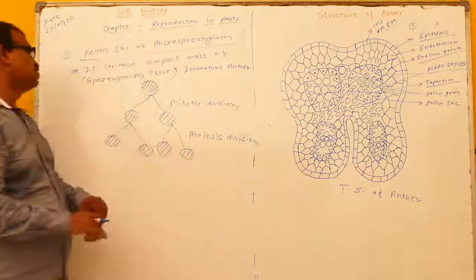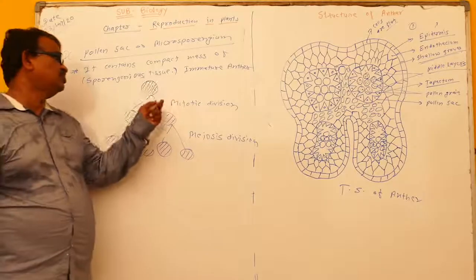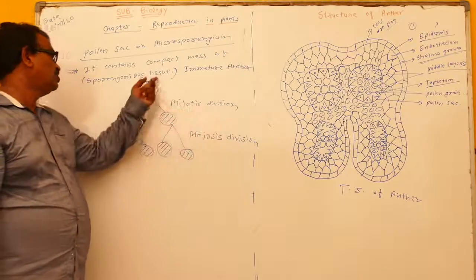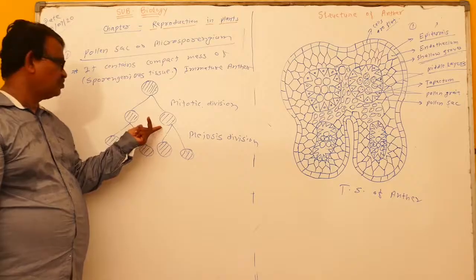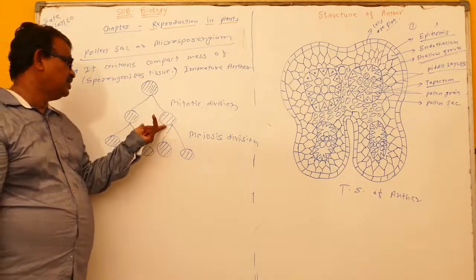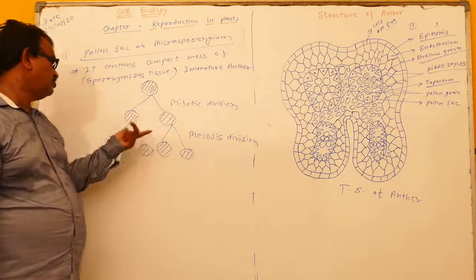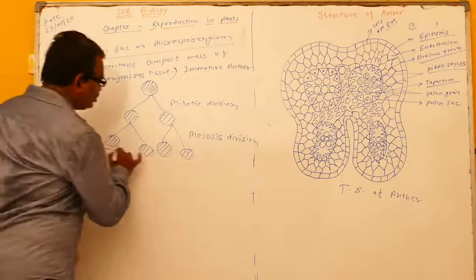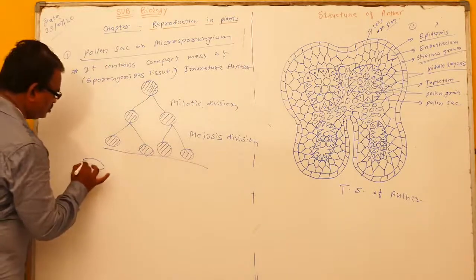So the sporangenous tissue first undergoes mitotic division, and we get two cells. Then next is the meiotic division, and then we get a tetrad of four cells.